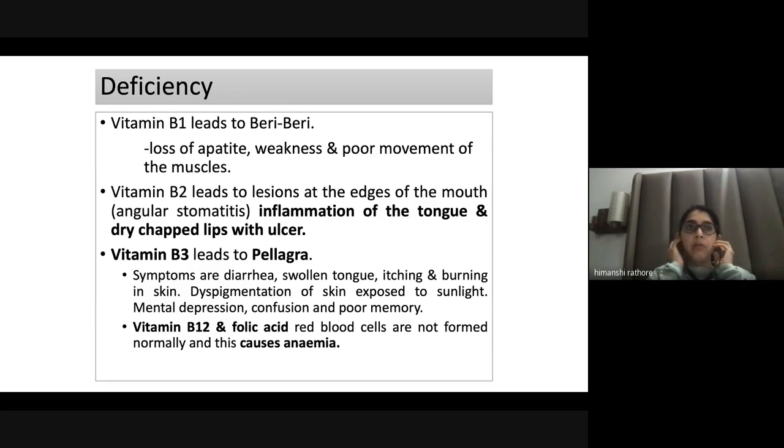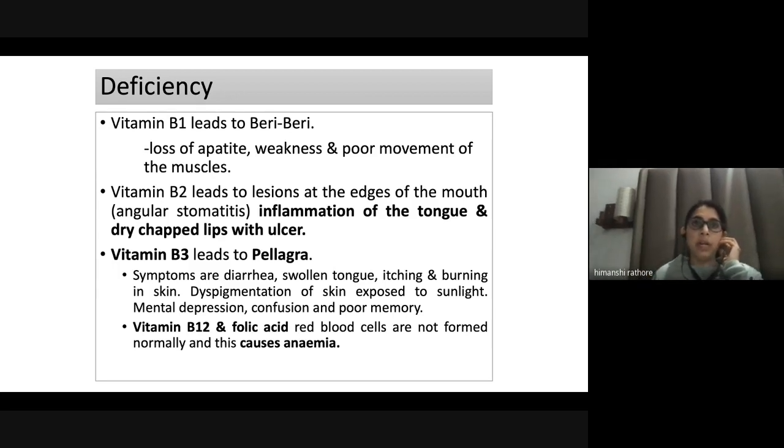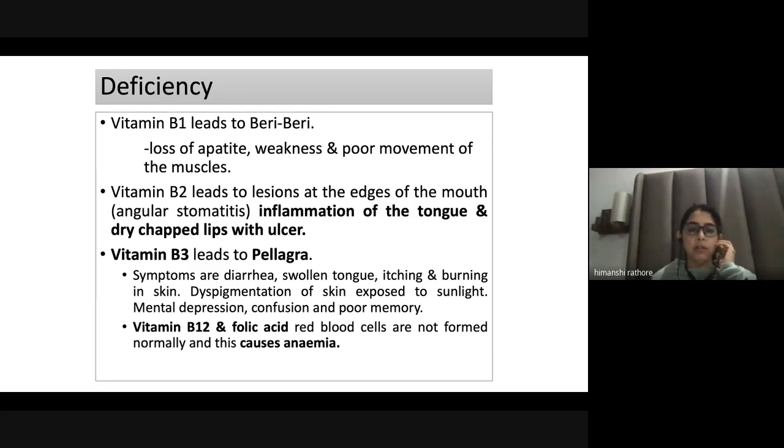I guess now you can write this in exams also, as I'm giving you day-to-day life examples. So it must be clear to all of you what vitamin B1 deficiency is and what vitamin B2 deficiency is. Now we are moving forward to vitamin B3, which is called niacin. And when you are not taking niacin in the right amount, it will lead to pellagra.